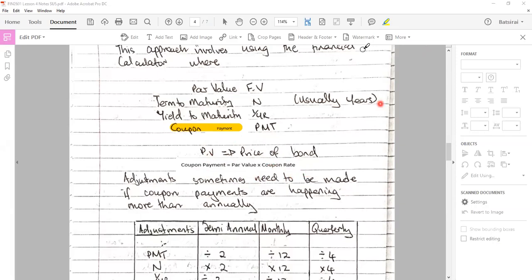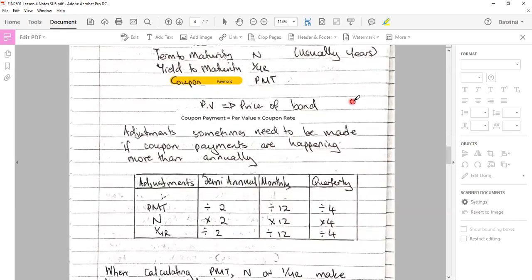Okay, so you also need to be careful, just as we've been dealing with different types of compounding, like semi-annual compounding, quarterly compounding, and so forth. Coupon payments might sometimes happen more than annually. So the interest that's paid by a company or a borrower might sometimes be paid more than annually.